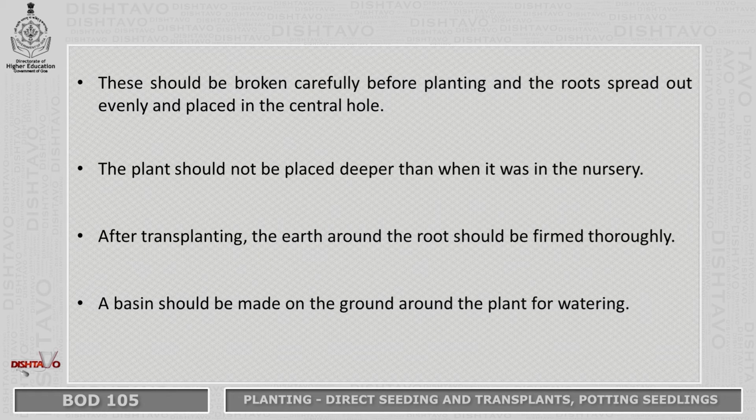The plant should not be placed deeper than when it was in the nursery. After transplanting, the earth around the root should be firmly placed properly. A basin should be made on the ground around the plant for watering.